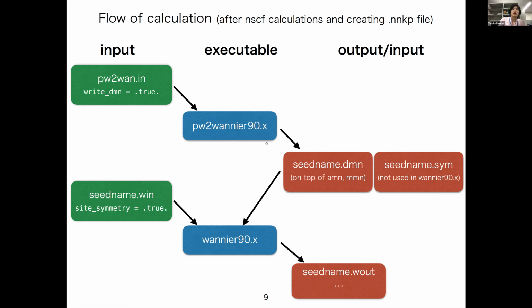Then what we do first is to execute pw2wannier90, the interface from Quantum ESPRESSO to Wannier90. For this, we need the input file pw2wan.in.